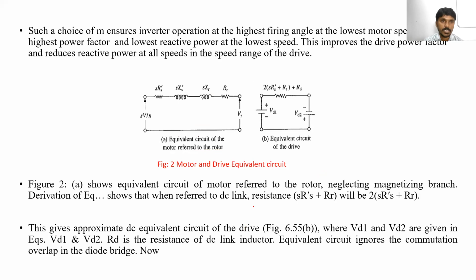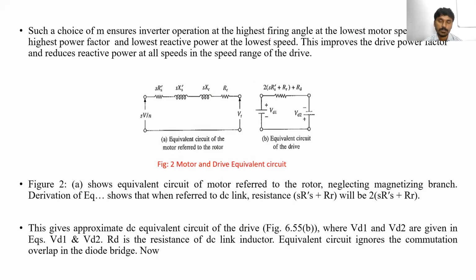Such a choice of M ensures the inverter operation at the highest firing angle at the lowest motor speed, giving the highest power factor. Whatever value we take for M, it ensures the inverter operation at the highest firing angle at the lowest motor speed.